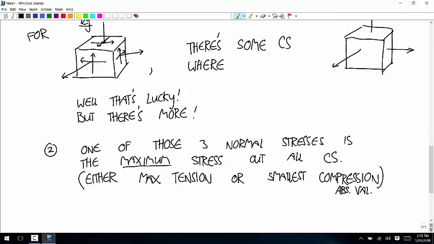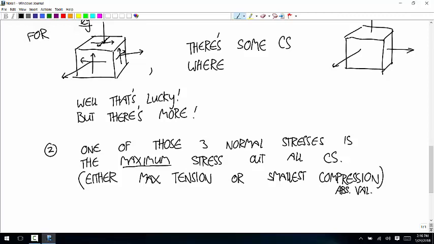Okay, so there's this coordinate system where you only have normal stresses, and furthermore, one of those normal stresses is bigger than you can find with any other. What are the odds of that?